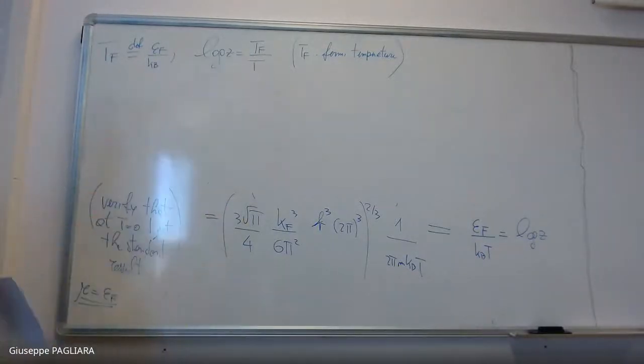Because Tf is a positive quantity, T is approaching 0, and therefore the log of z is going to infinity. Okay?